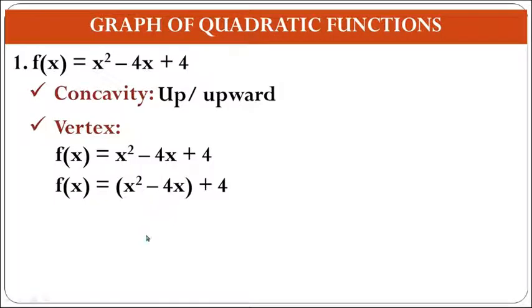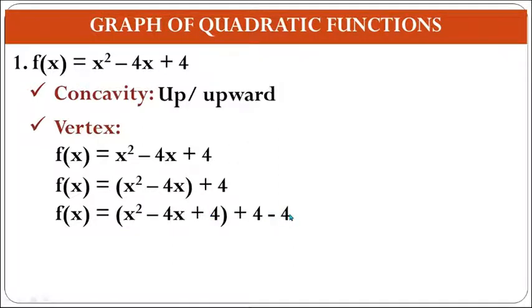Kung ano yung na-add dito, paano nakuhang positive 4? Get the half of the second term: negative 4 divided by 2 is negative 2, and the square of negative 2 is positive 4. Kung ano ang inadd dito, ay siyang ima-minus dito sa kabila.